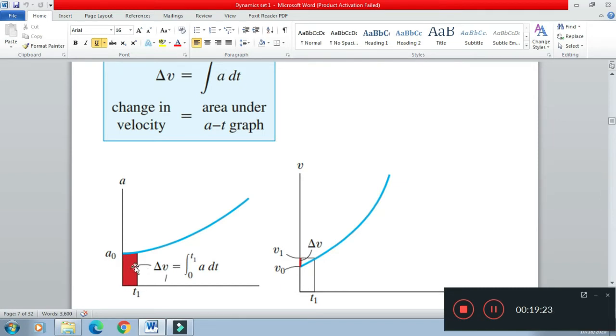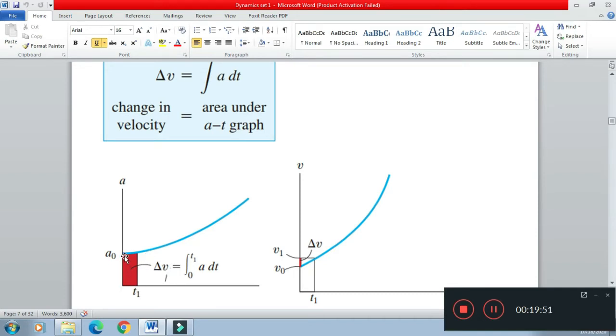So delta v is equal to a multiplied by dt. There is a certain value of a at this particular location. Since this element is thin, we ignore the changes of acceleration. So acceleration at this particular point multiplied by the small value of time will give the velocity difference.